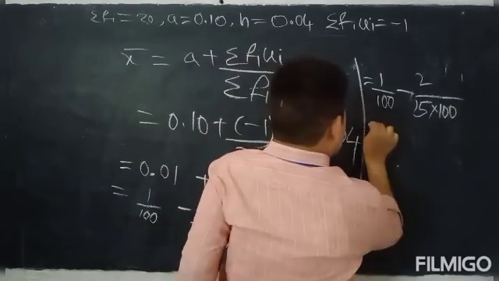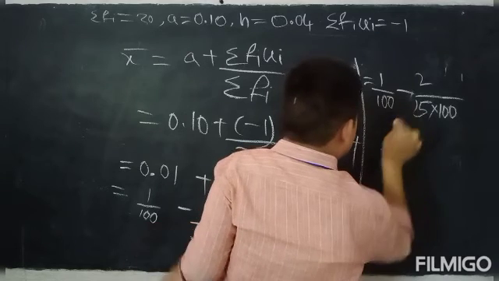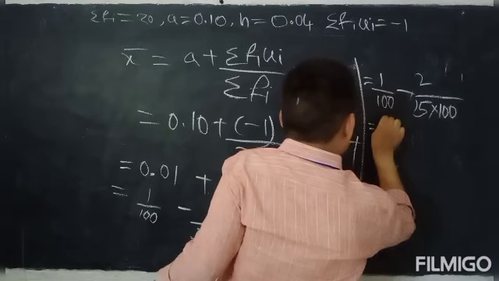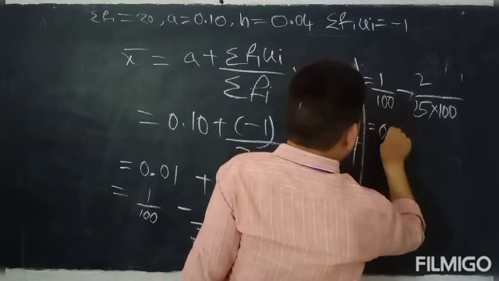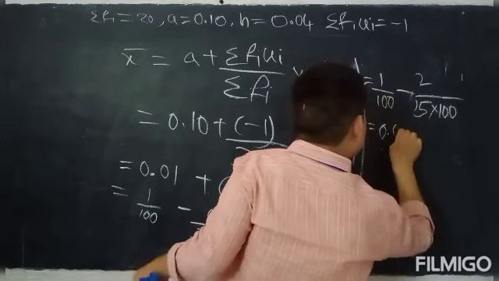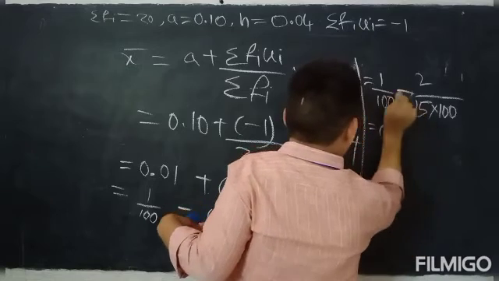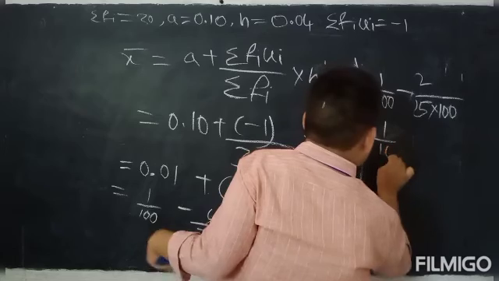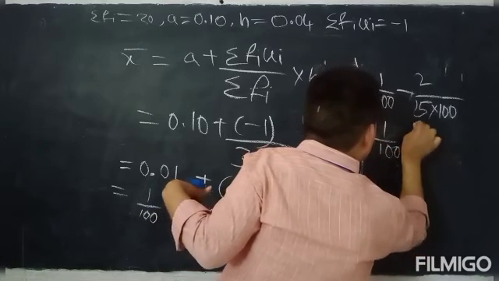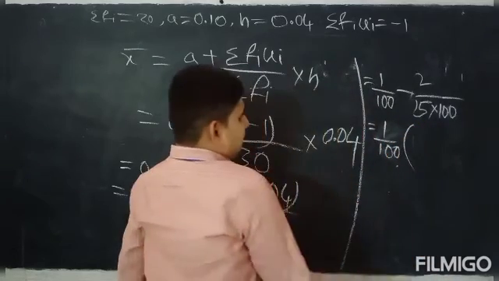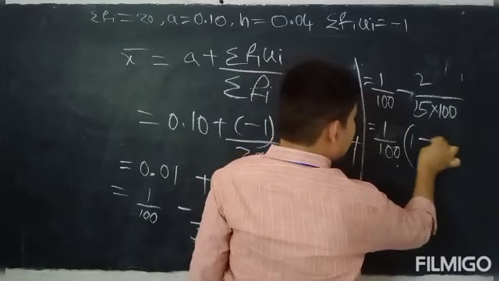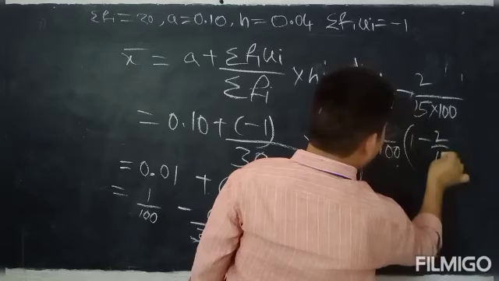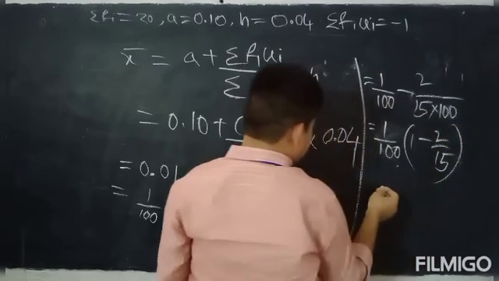Now take 1/100 common. So 1/100 into 1 minus 2/15. Okay? Now 15 minus 2, 13. Okay?